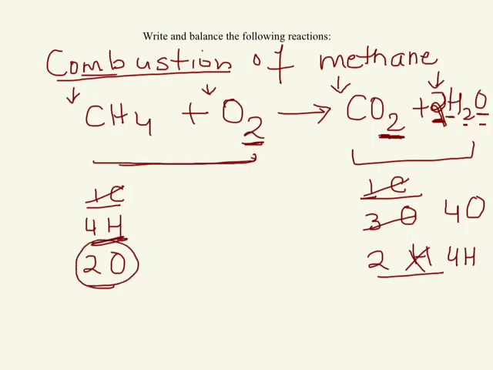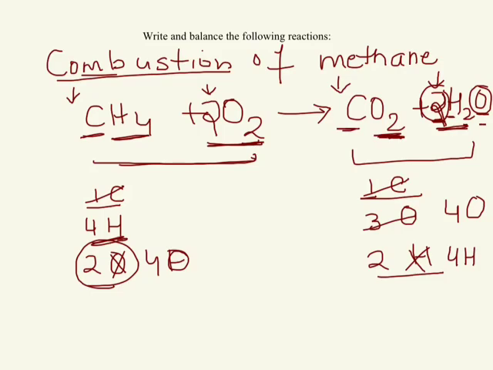So if I put 2 here, then now oxygen is balanced too. So look at one more time: 1 carbon, 4 hydrogens, 2 times 2, 4 hydrogens, 2 times 2, 4 oxygens, 2 here and 2 here, 4 oxygens. So the equation is balanced.